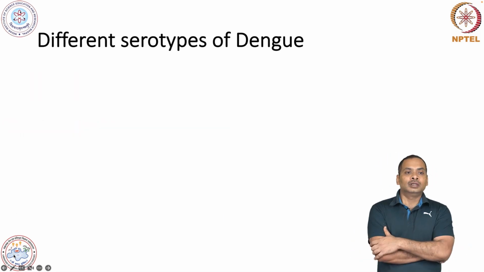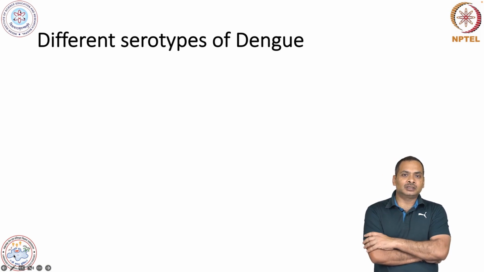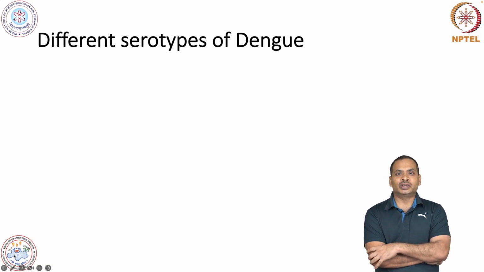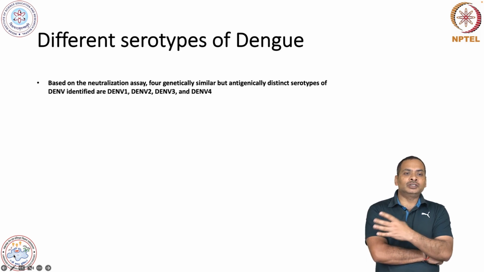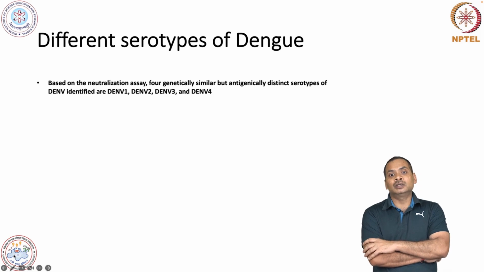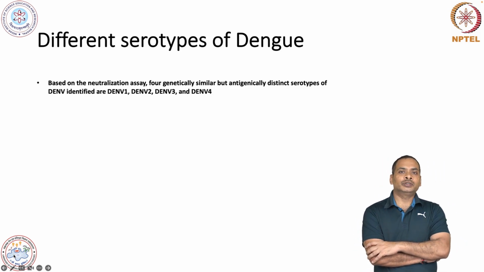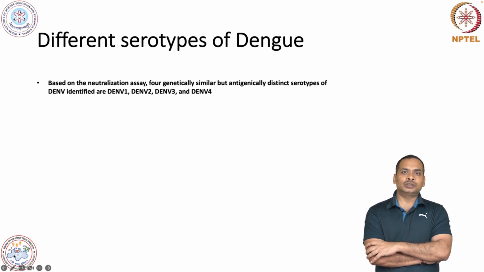There are different serotypes of dengue. Here is a very important point which you need to understand. Based on neutralization assay, there are 4 genetically similar but antigenically distinct serotypes of dengue, which we name dengue 1, 2, 3, 4.